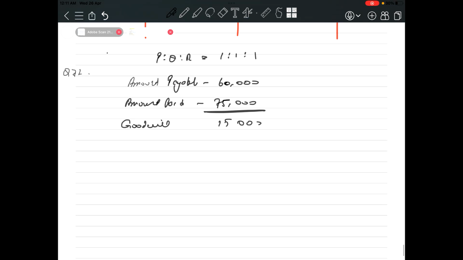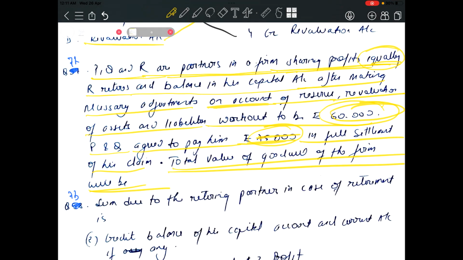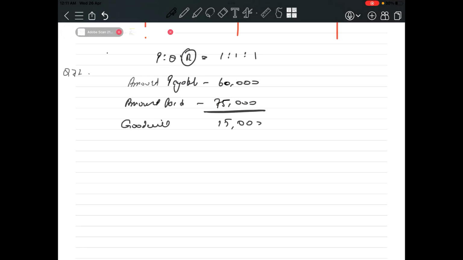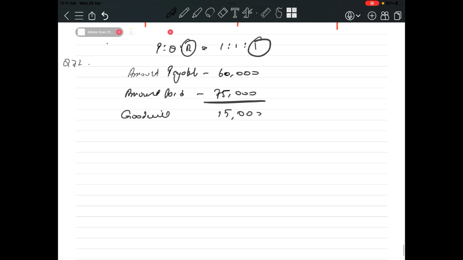So how will we do this? What is the value of goodwill of the retiring partner? Who is retiring? R is retiring. So what is his share? 1/3. So this is the value of goodwill of R. R's goodwill is 15,000.